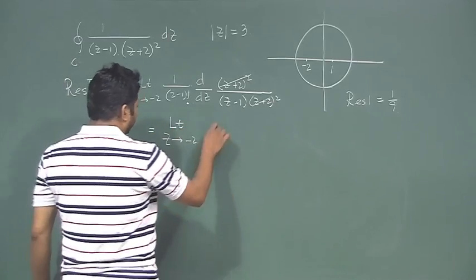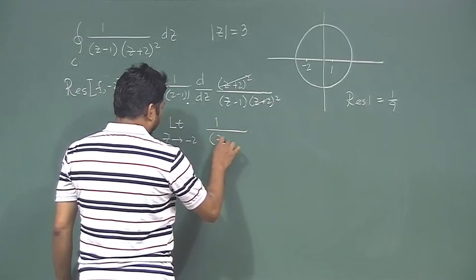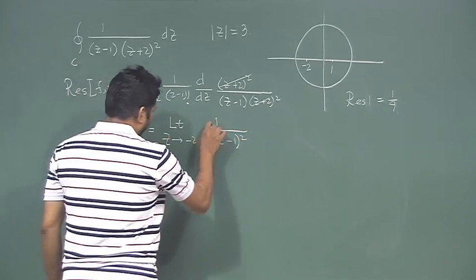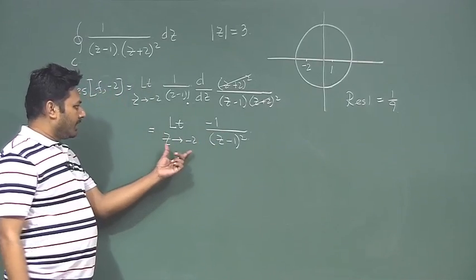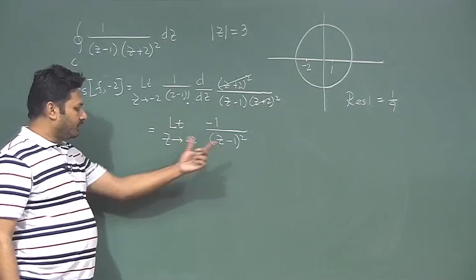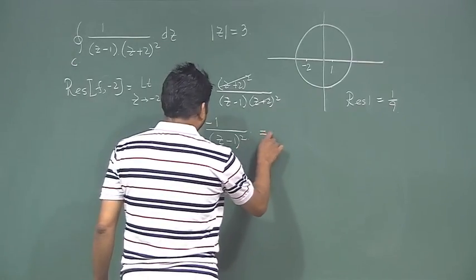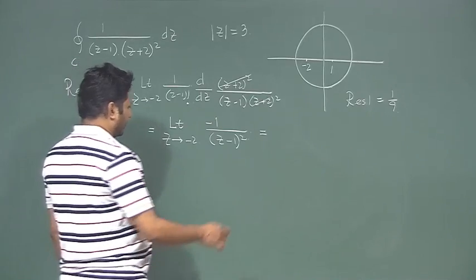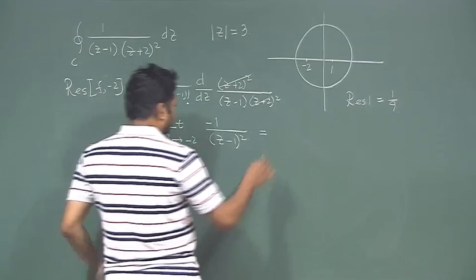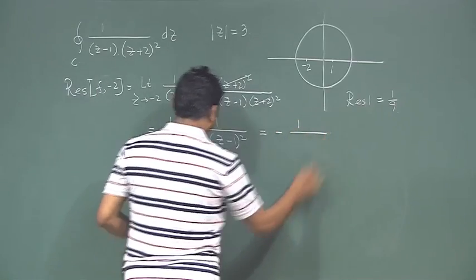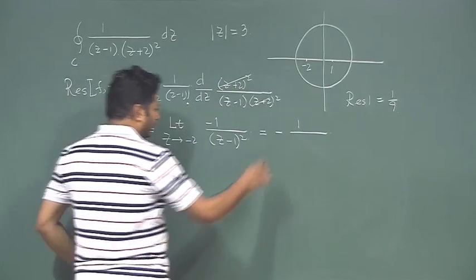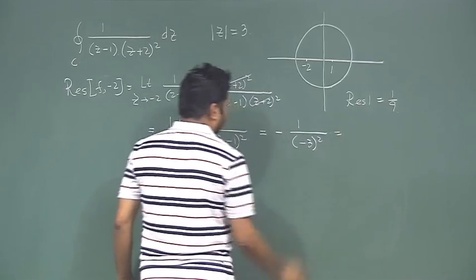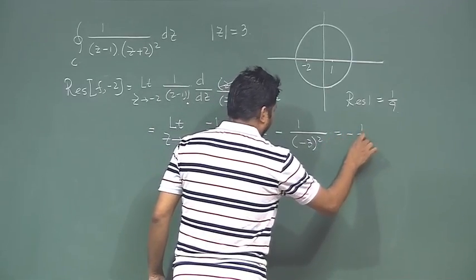The derivative is minus 1 divided by (z minus 1) square. Putting z equal to minus 2, it will be minus 1 divided by (minus 3) whole square.